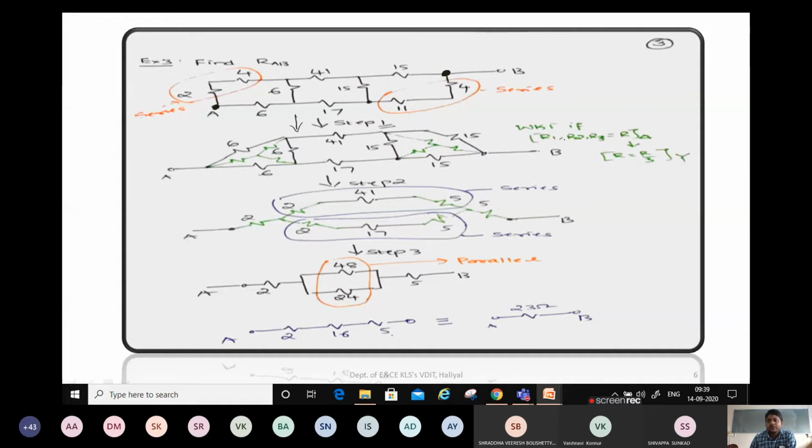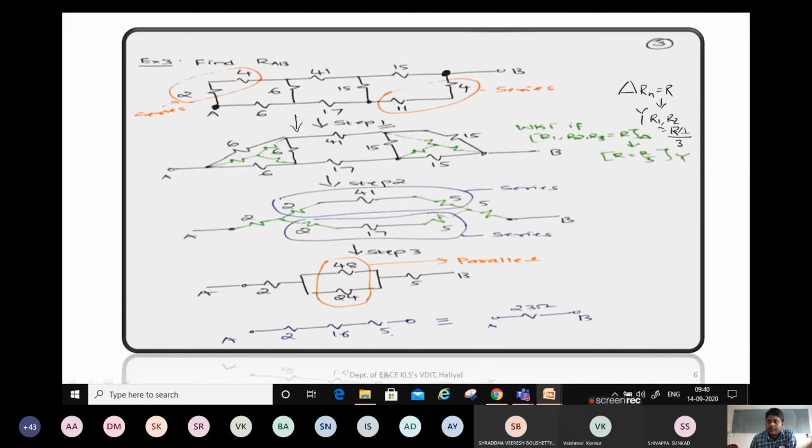Okay. So we know that in a delta network, if all R values are the same, then in the equivalent star network, each R value will be R delta divided by 3, right?